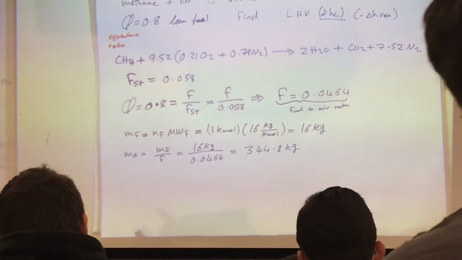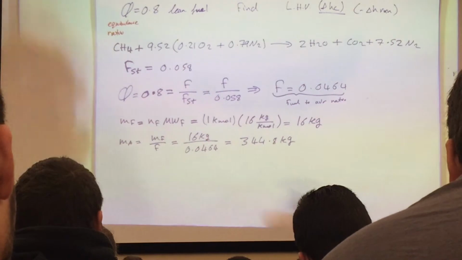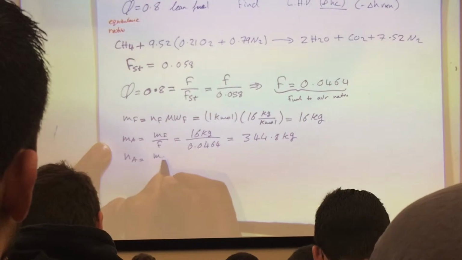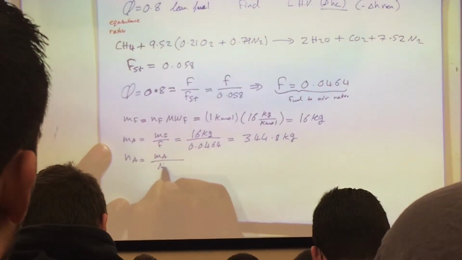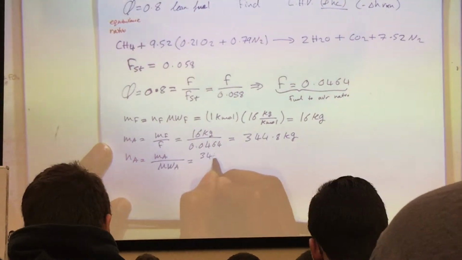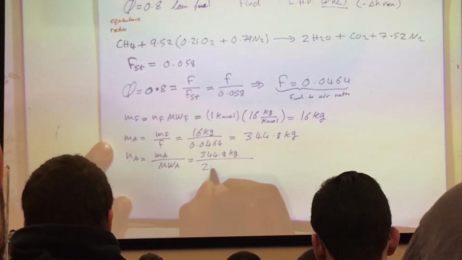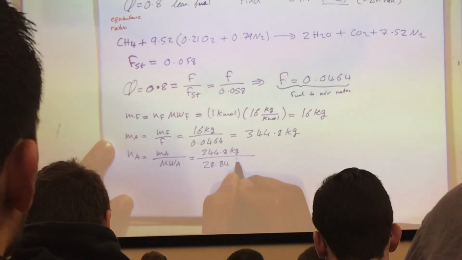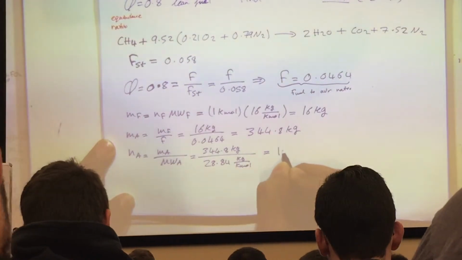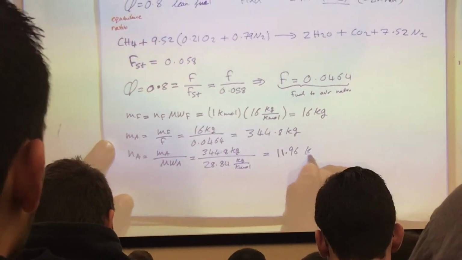So if I'm trying to get my number of moles for air, Na is equal to the mass of air divided by the molar mass of air, which is going to give me 344.8 kilograms divided by 28.84 kilograms per kilomole. That's going to equal 11.96 kilomoles.